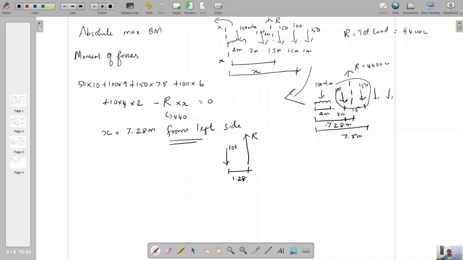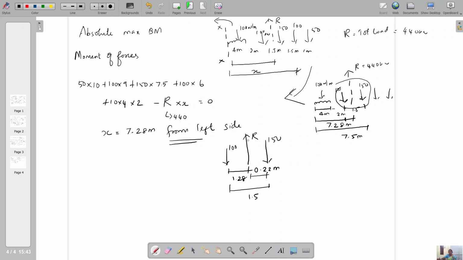And the next load I am going to locate is 150, the total distance is 1.5. So the distance on left side is larger than the remaining distance on the right side. That is 1.5 minus 1.28, only 0.22 meter.